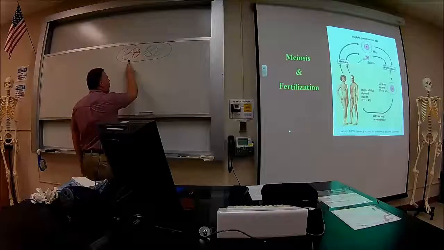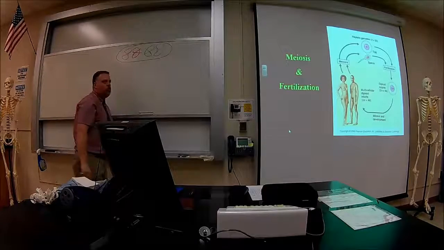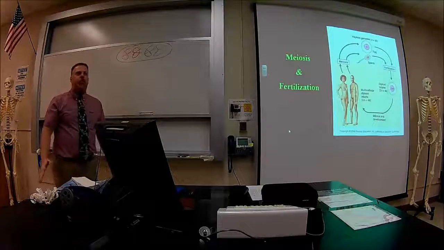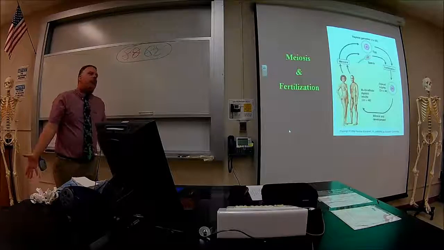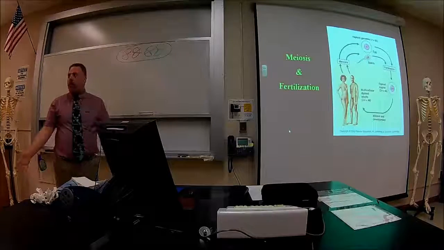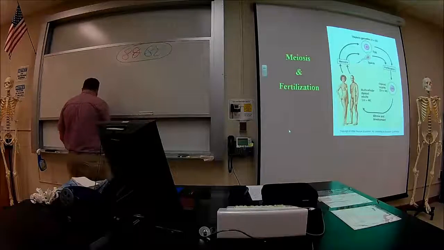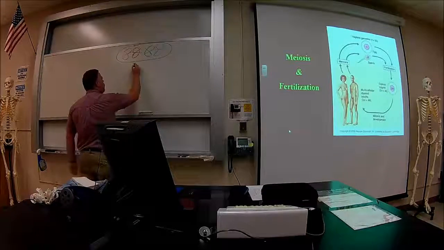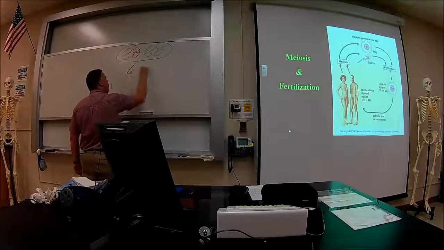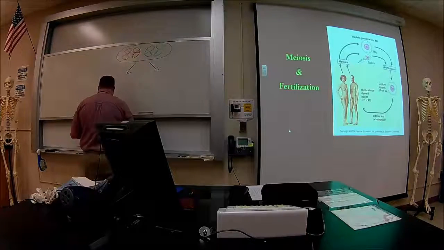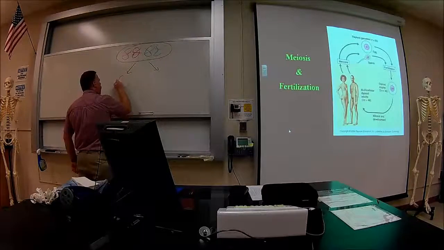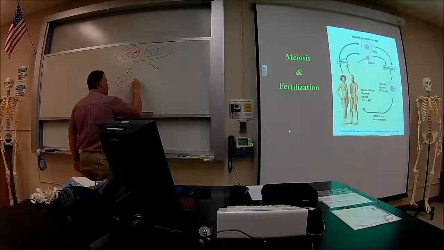So you have a pair of chromosomes here and a pair of chromosomes over here. All right, 46 pairs. So you really have 92 chromosomes there, right? 92 shoes. But you have 46 pairs. Then this is going to go through a division. And you'll get a division that kind of looks like this.